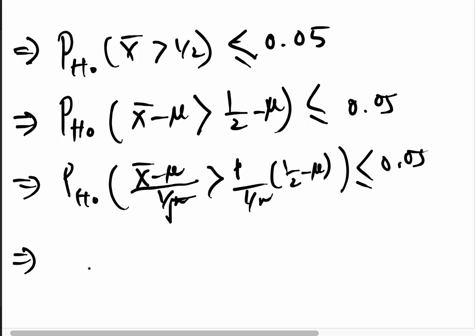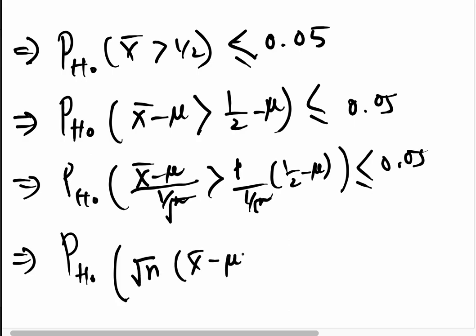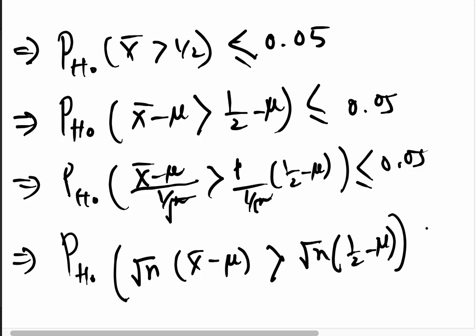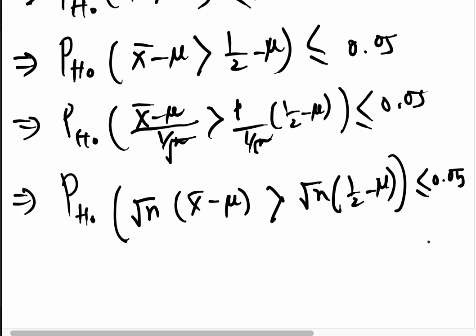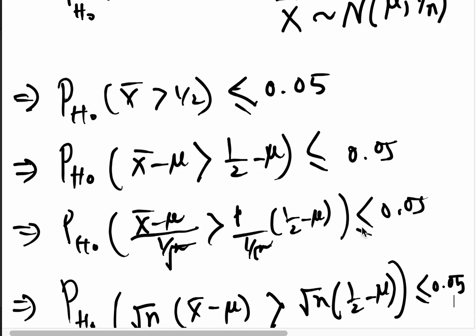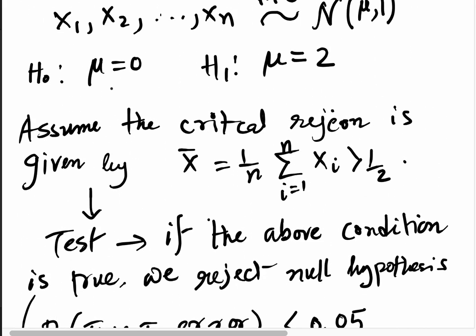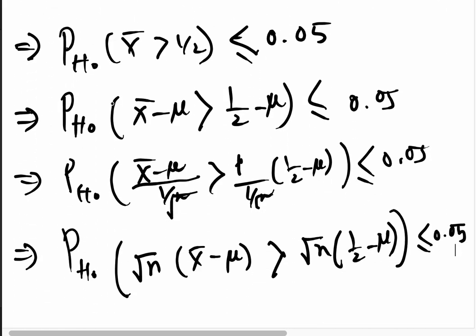So this is P under H0 of root n times (x bar minus mu) greater than root n times (1/2 minus mu), less than 0.05. Now under H0, what is the value of mu? Mu is 0.